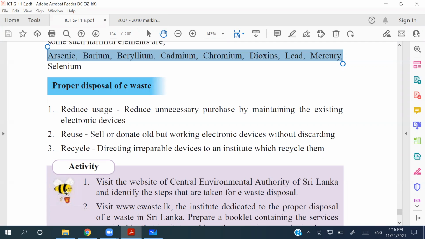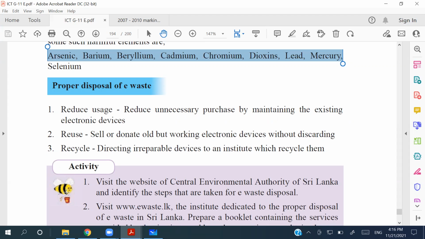That means it will reduce one unit from production, and as a result it will reduce one particular e-waste from the lot. So you can reduce the usage, and again, you can reuse. And then recycling. Recycling is there to reuse damaged electronic goods.